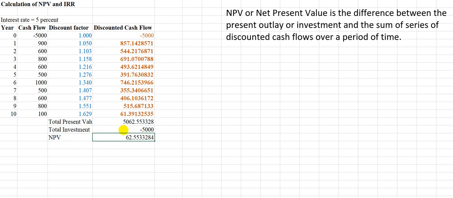I have done plus because its sign is minus. If I take it as total outlay, then I will keep it here as minus. So the net present value is 62.55.